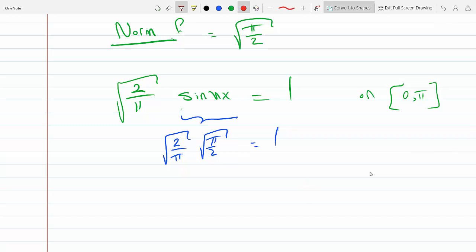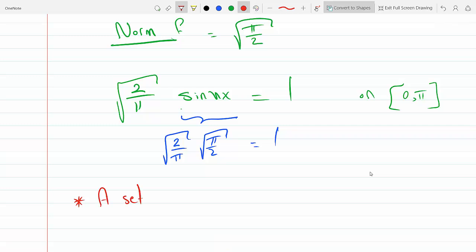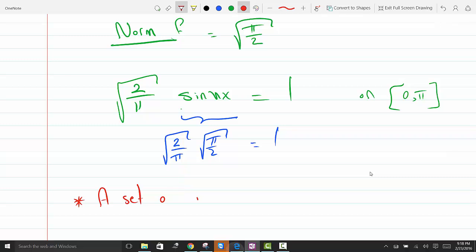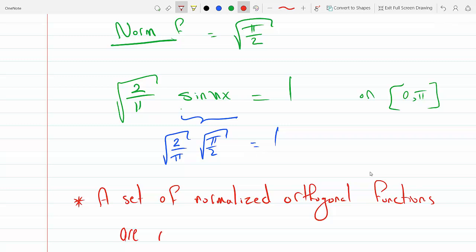Because there's a theorem that says a set of normalized orthogonal functions are orthonormal. Okay? A set of normalized orthogonal functions are orthonormal.